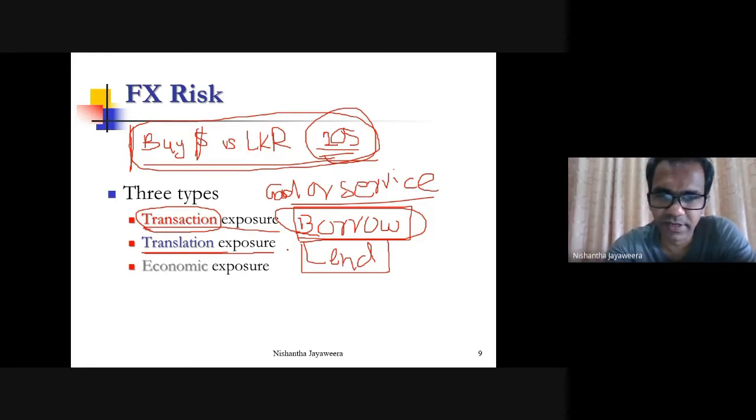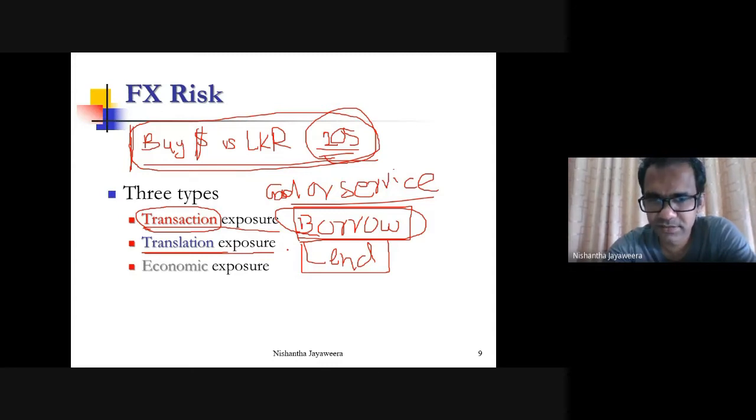In a lending activity, you have agreed to lend some foreign currency amount, but you don't know, by the time that you are going to lend it, give it to the borrower, you need to buy that foreign currency from the market, what would be the applicable rate? So that is the transaction exposure.